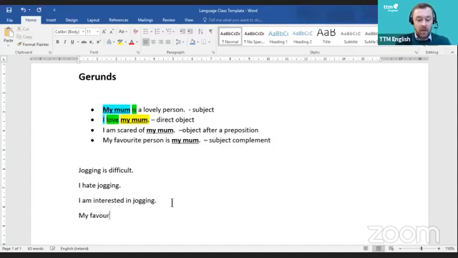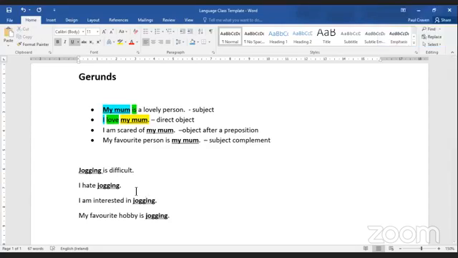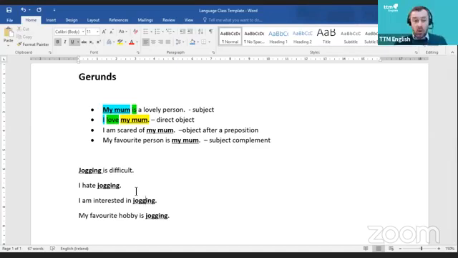My favorite hobby is jogging. The thing I'm trying to point out is, what's the verb inside the word jogging? Jog. To jog is just to run very slowly over a long period to get fit.